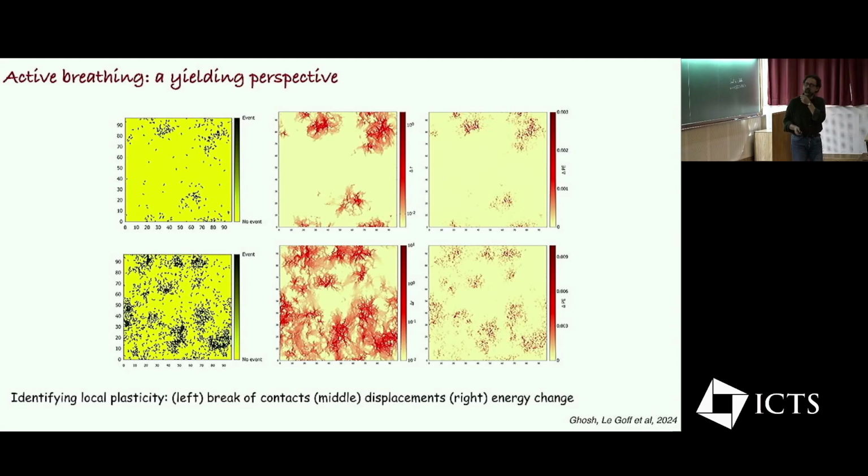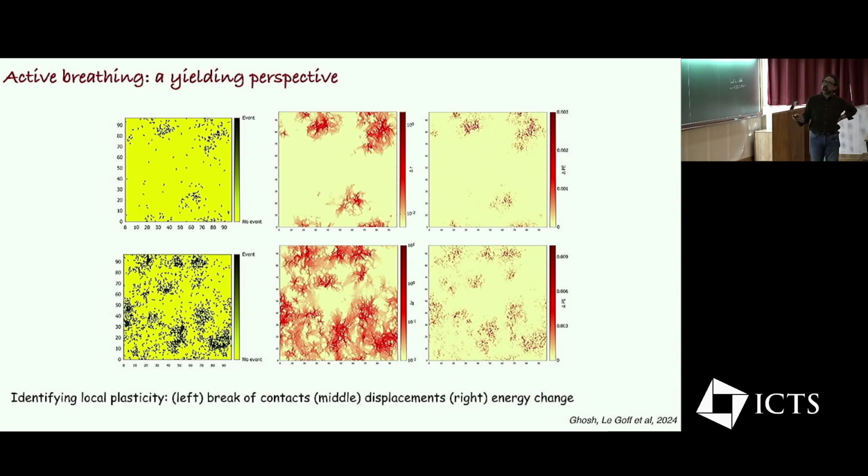So we are interested in having an elastoplastic picture of this sort of yielding scenario that one sees as a function of the breathing amplitude. We try to identify the local plasticity by looking at the break of contacts between particles, or via displacements, or via local energy change.